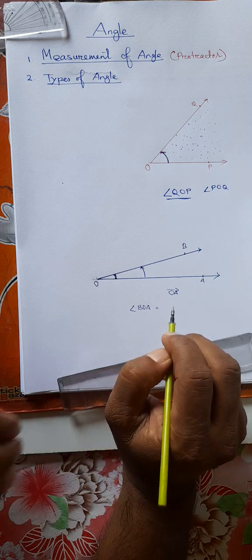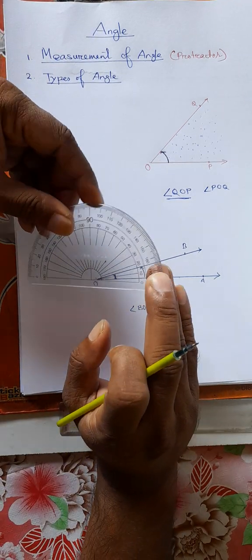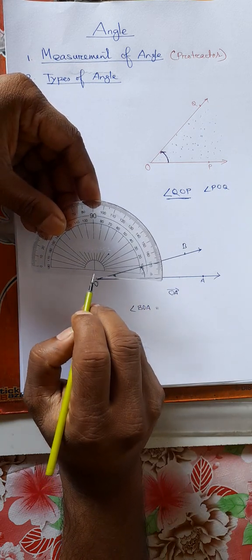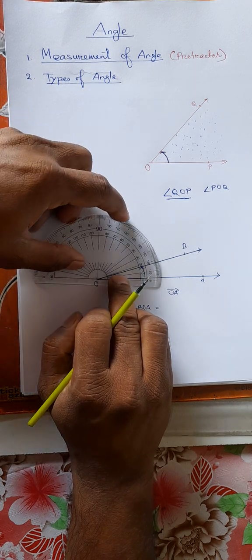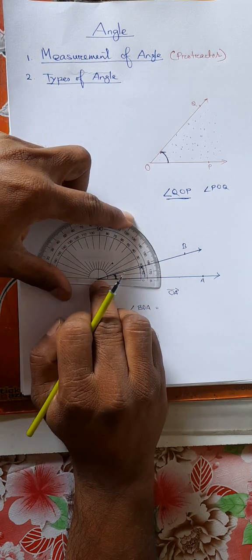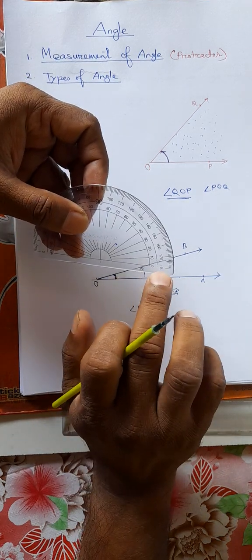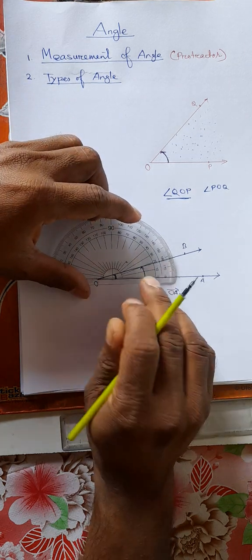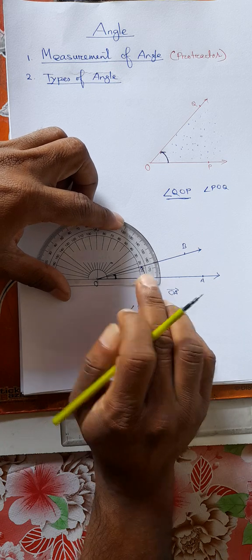When you try to measure this angle, you reconcile this point with the vertex of the angle, and you reconcile this zero line with the initial position of the ray. That means the zero line is matching with the initial position of the ray.